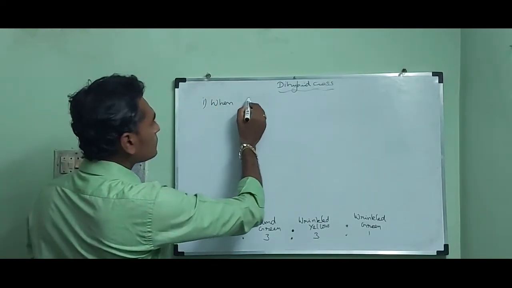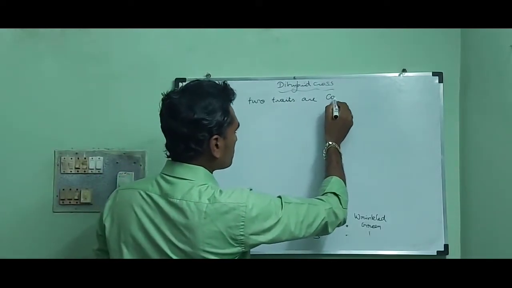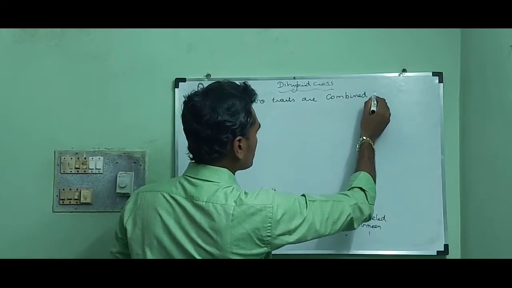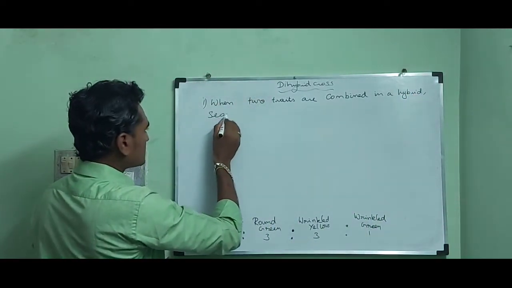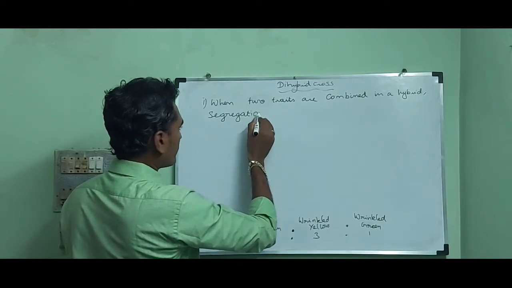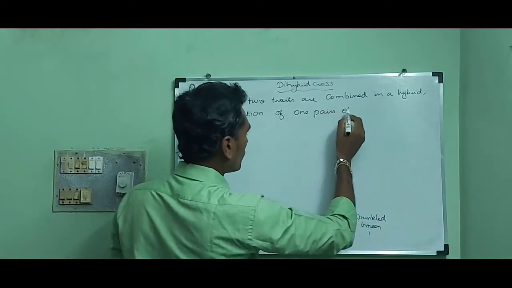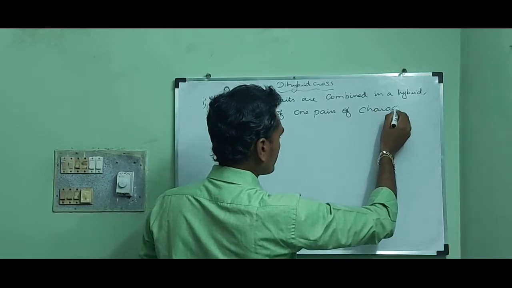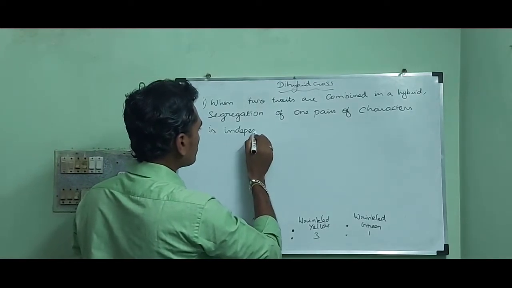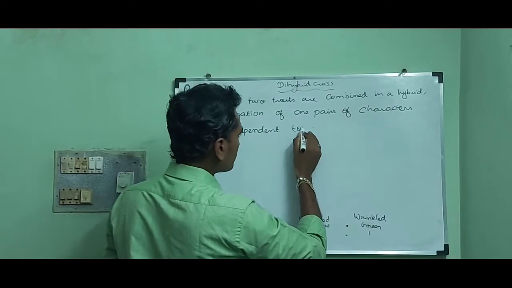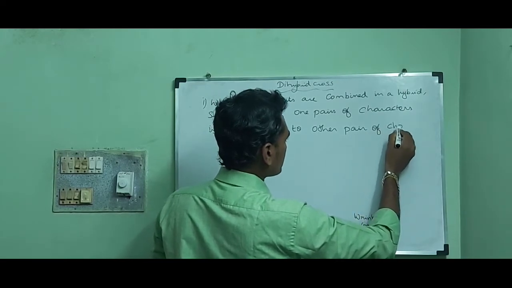When two traits are combined in a hybrid, segregation of one pair of characters is independent of the other pair of characters.